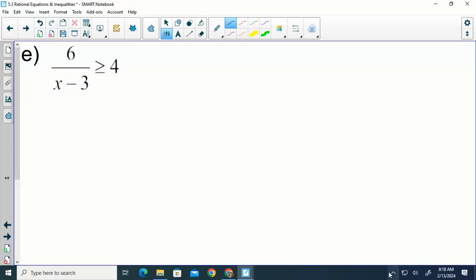Here's your problem. So that's like a 4 over 1. Have to get a common denominator, so you multiply it by x minus 3 on top and bottom.